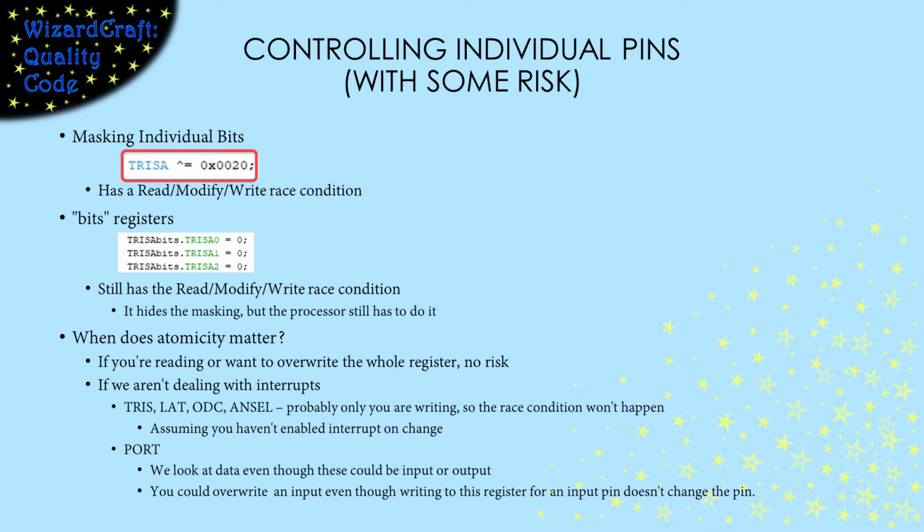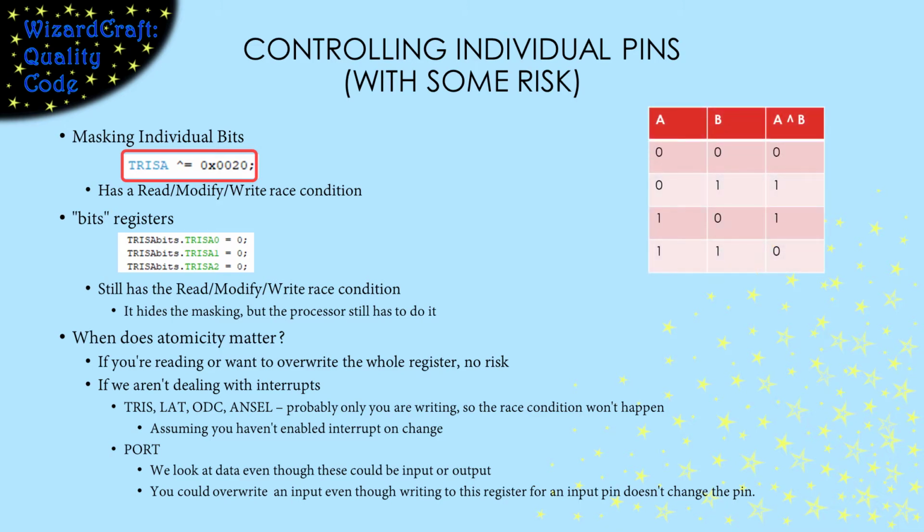So look at this example. The caret equals means exclusive OR TRISA with hex 20 and then store it back in TRISA. We call the hex 20 a mask because it specifies which bits are being affected. To see that, think about exclusive OR.